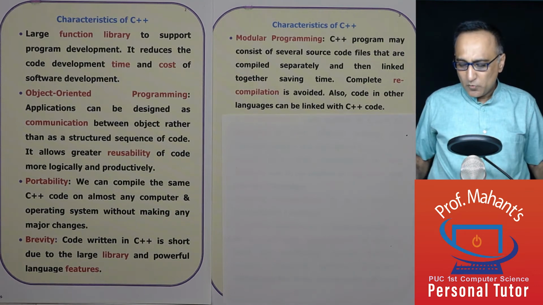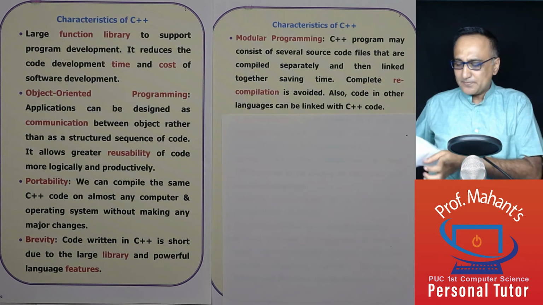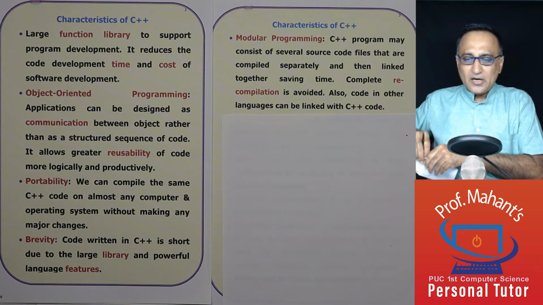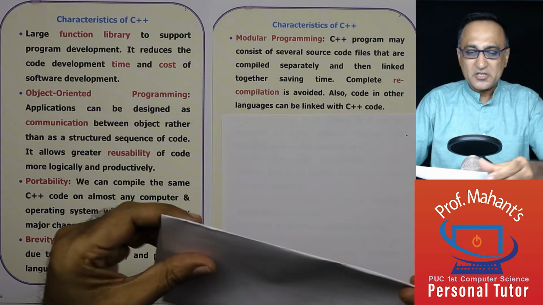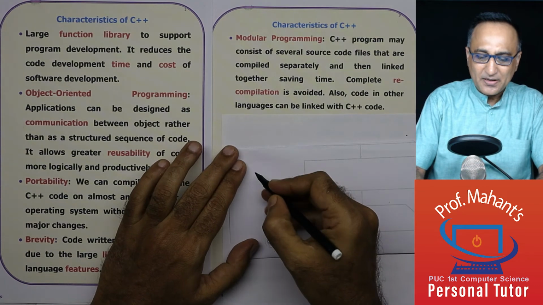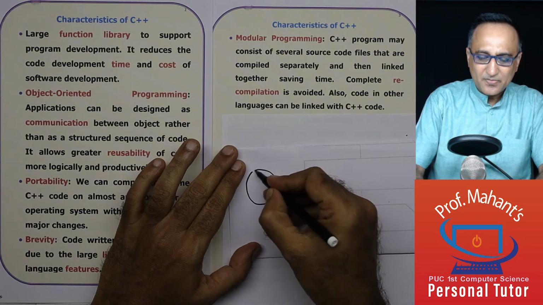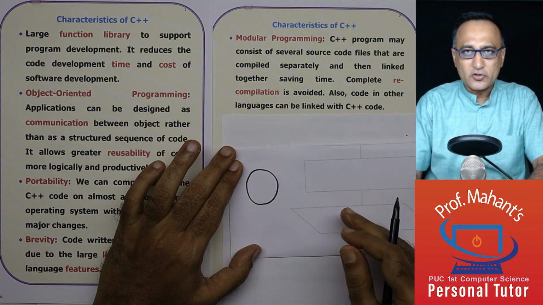Modularity. By the word modularity, what you really mean is you have developed a program or a number of programs which can be compiled separately and then joined. For example, let us say, again, let's go back to your school.